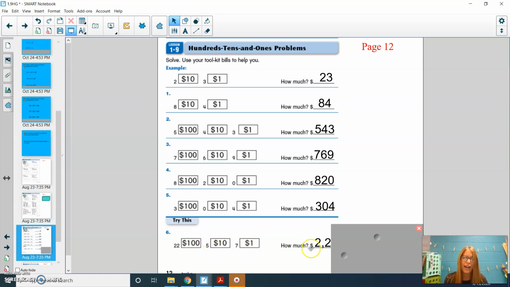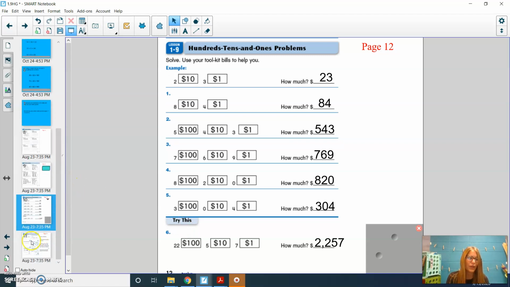Then if I have 5 $10 bills, I would have 50. And lastly, if I would have 7 $1 bills, I would have 7. So to have this amount, I would have $2,257. When we're inserting our comma, we count over 3 spaces and put our comma right in between those two 2's.